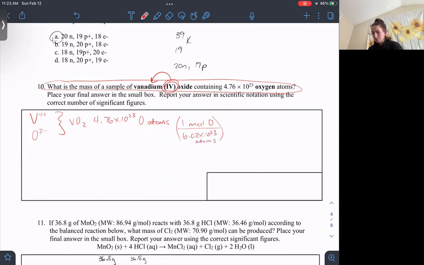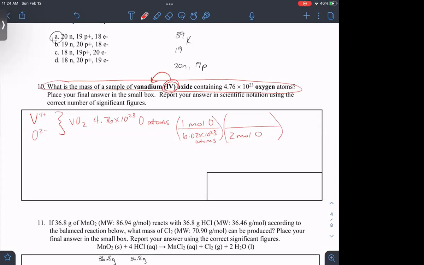Okay, so now that we're in moles of oxygen, what are we going to use in order to find the moles of the compound? Good, we're going to use the mole ratio. So for every 2 moles of oxygen, how many moles of vanadium oxide do we have? 1. 1 mole.